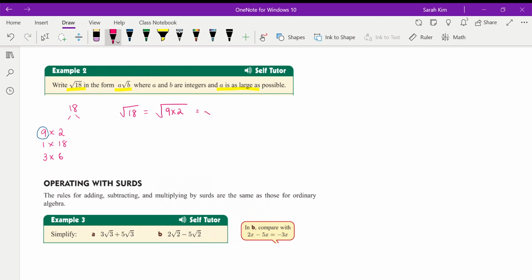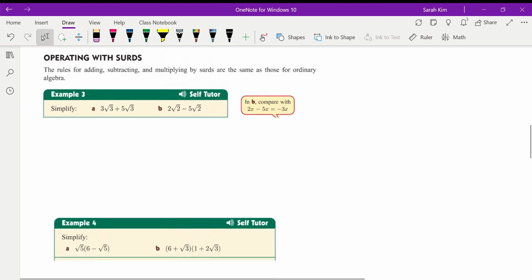And this means it can be written in this format as well using our rules, which also means that this term over here can be simplified as 3, because square root of 9 is 3, and this becomes your final answer. So where our a is 3 and then our b is 2. So that's what it looks like.